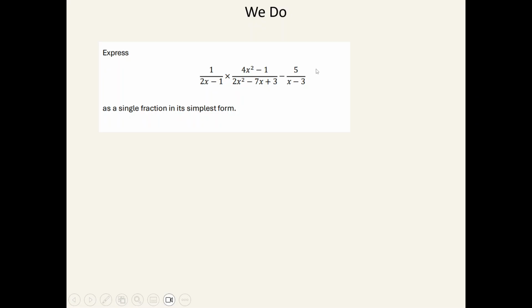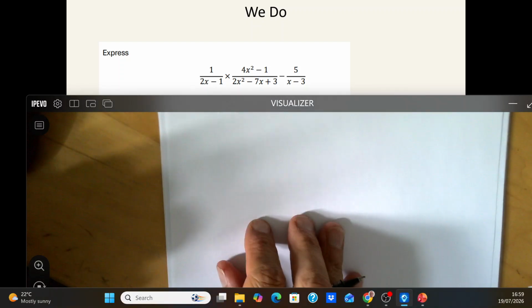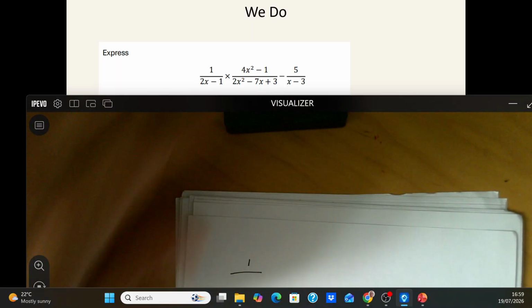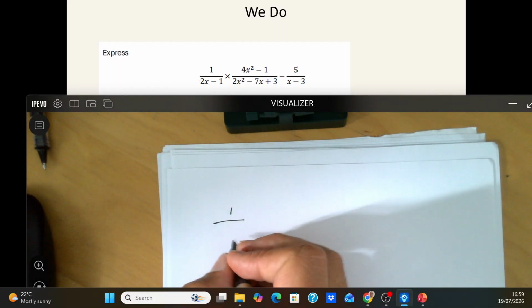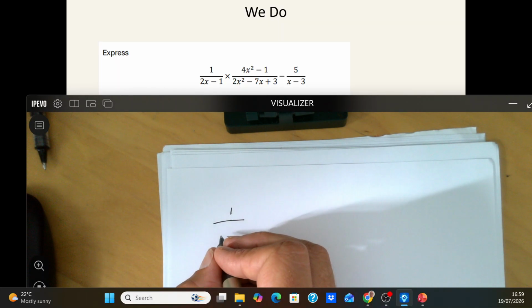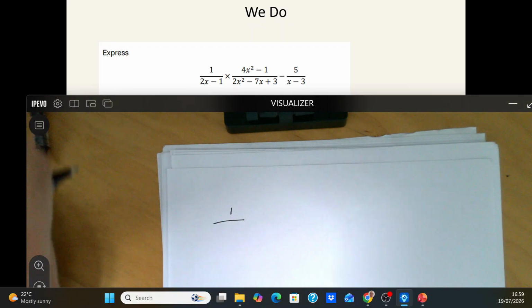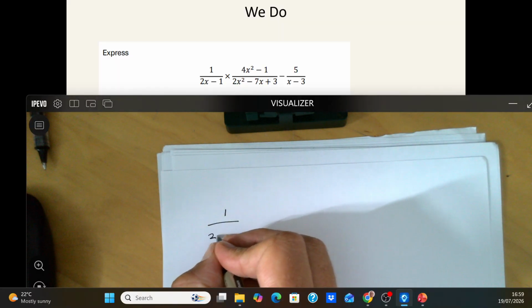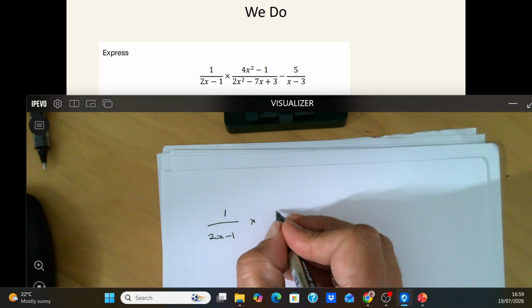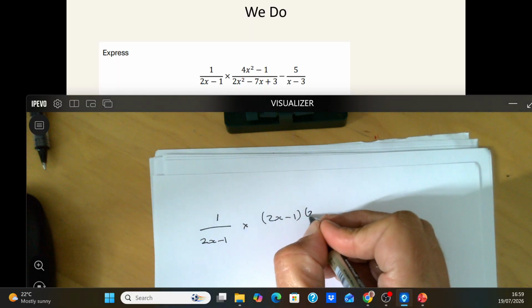So looking at that, what was the first thing I did in mine? Yes, factorise. So everyone have a go at factorising it and writing it out. So what do we get? We get 1 over 2x minus 1 times by 2x minus 1, 2x plus 1.